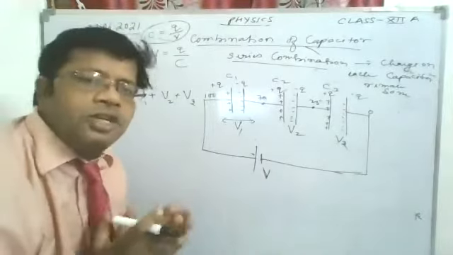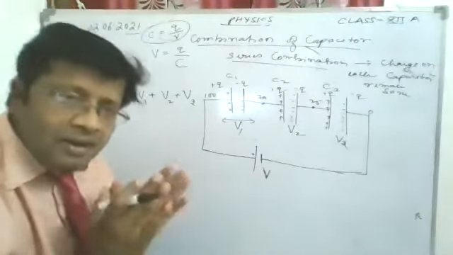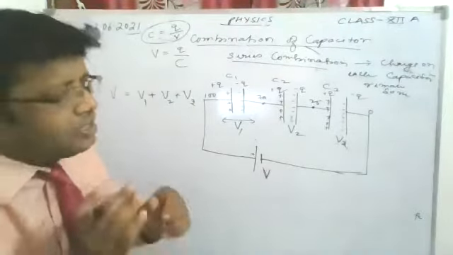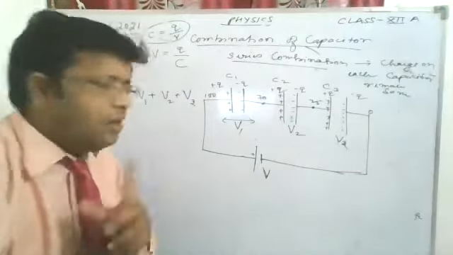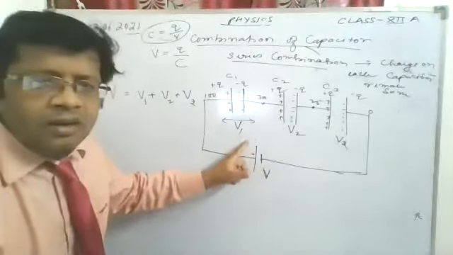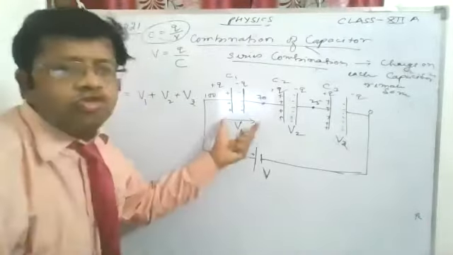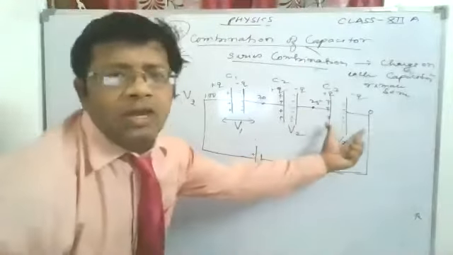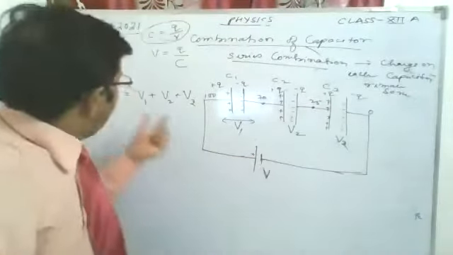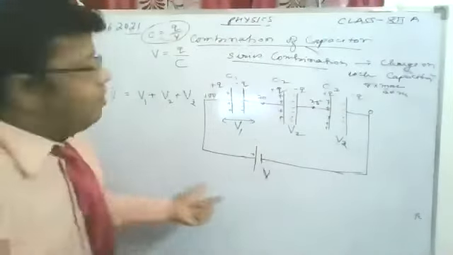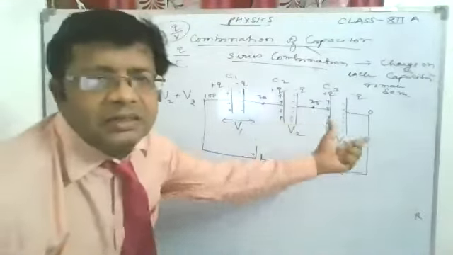In all kinds of series combination, either it is resistance, inductor, or any kind of electrical device, if in electrodynamics we are talking about the series combination, it means that the total applied potential will be equal to the sum of the fall of potential across the different devices. That's why we have written that the applied potential by the battery will be the sum of the fall of potential across this one plus this one plus this one.